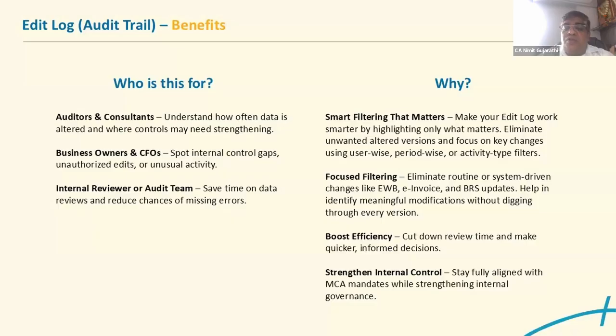I can pinpoint a particular user who has altered this or who has done some backdating in the system. Make your edit log smarter by highlighting only what matters. Eliminate unwanted, unaltered versions, focus on key changes, boost efficiency, and strengthen the internal controls.